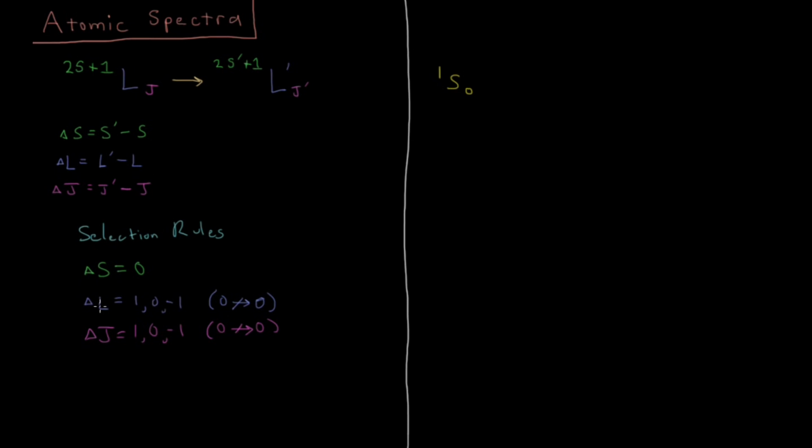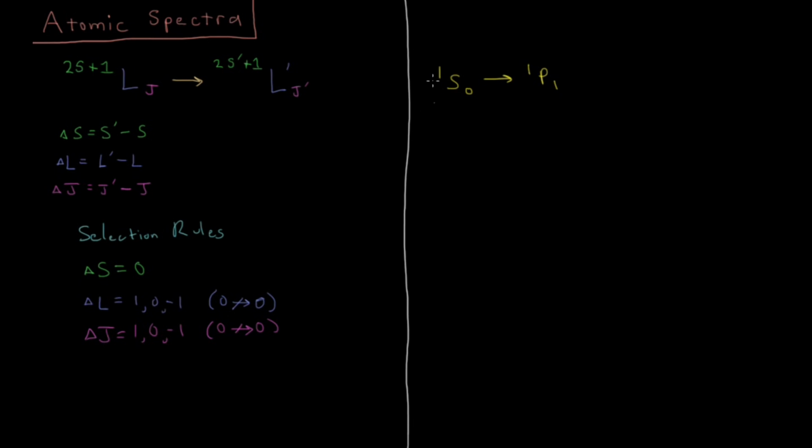So that's going to push us to a P state with J equals 1, and our multiplicity and spin has to stay the same, so we're still going to be in a singlet. So our only transition we can have from singlet S0 is into singlet P1. Any other transition violates one of these rules right here, or violates the possible values of S, L, and J.